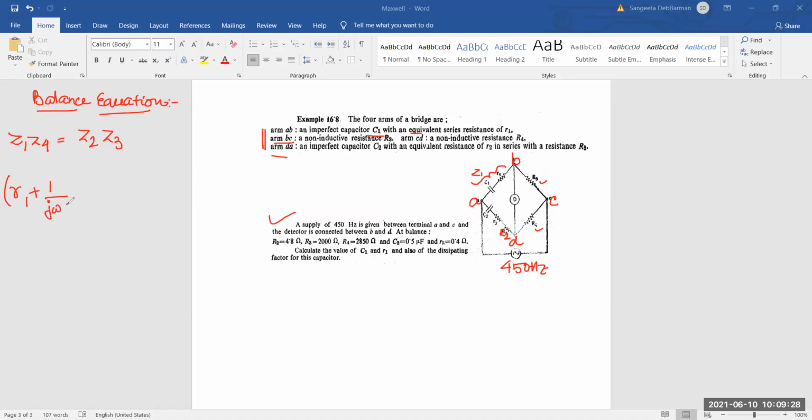Yes, very good. We have only two components for this impedance Z1, small r1 and C1. So I am writing r1 plus 1 by j omega C1. For Z4, I have only R4, so there is no complication. I will just put R4 here.